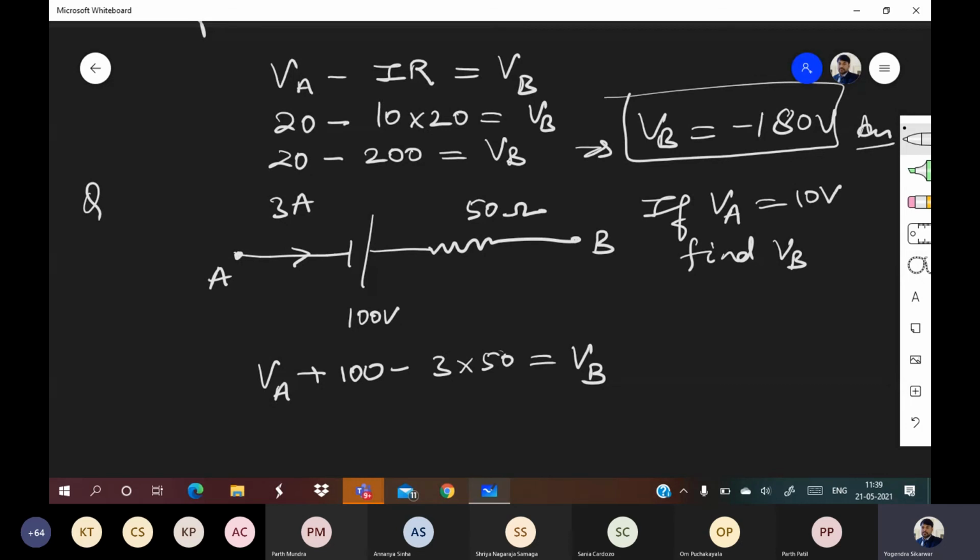VA plus 100 minus 3 into 50 is equal to VB. Now VA is given as 10. So 10 plus 100 minus 150 is equal to VB. So VB comes out to be 110 minus 150. So VB comes out to be minus 40 volt.